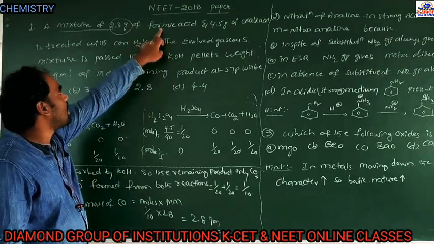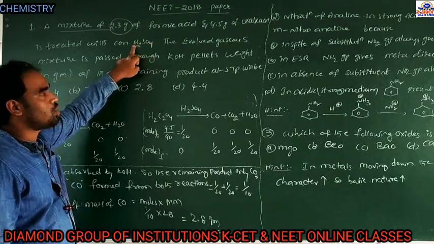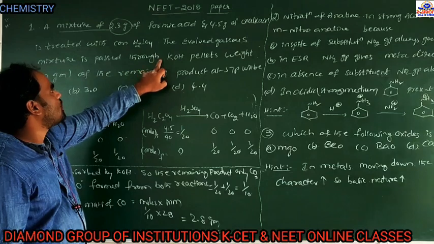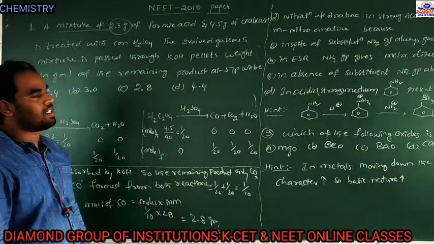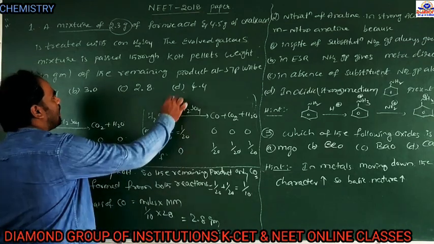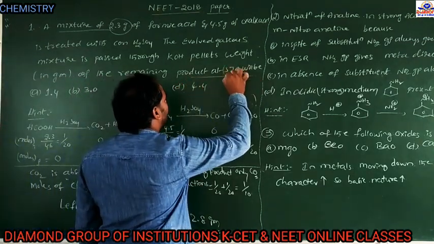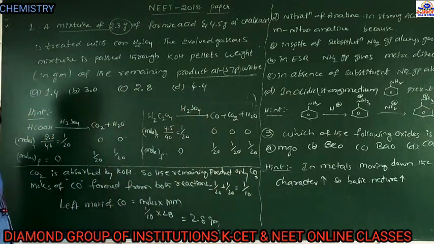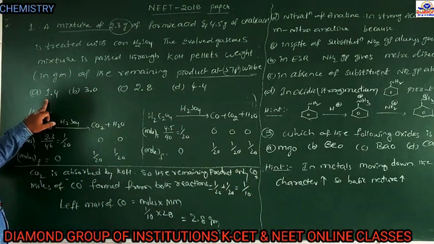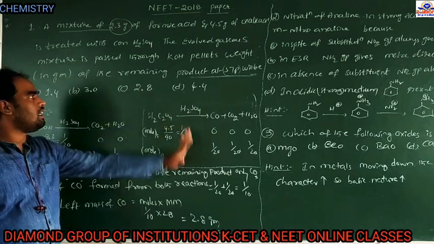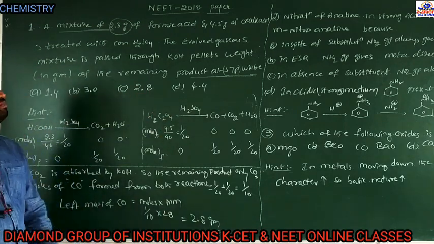By the reaction of formic acid and oxalic acid with H2SO4, some gases evolved. Those evolved gases are passed through KOH pellets. So the weight in grams of the remaining product at STP, standard temperature and pressure, is what? That is the question. Option A 1.4, option B 3.0, option C 2.8, option D 4.4.